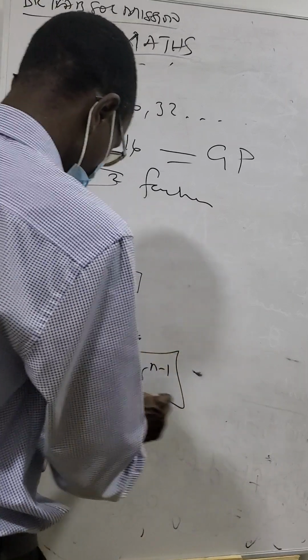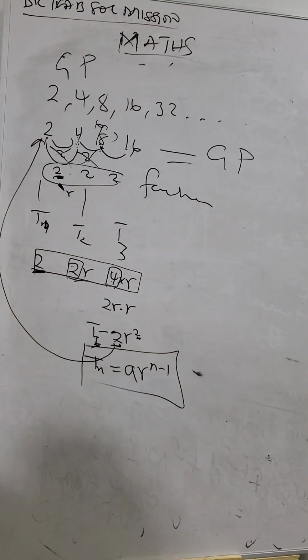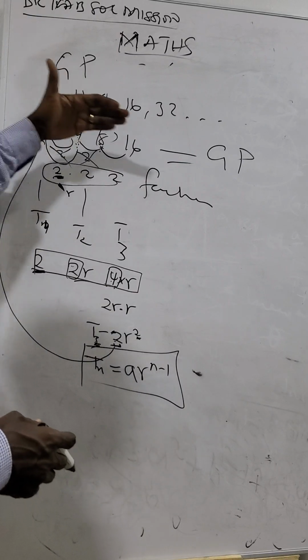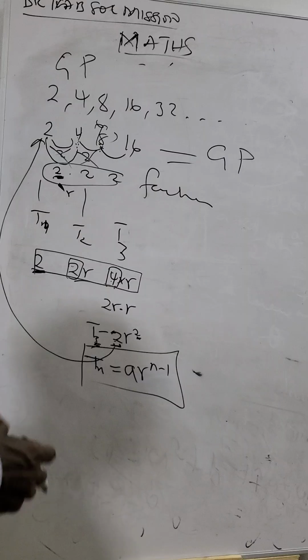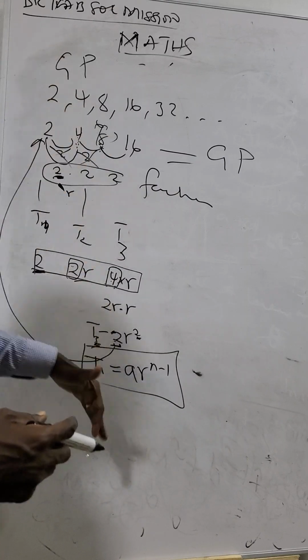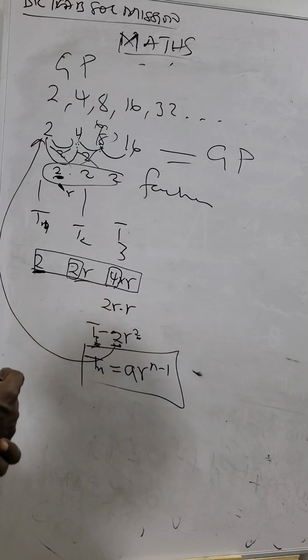This becomes the general equation for the geometric progression. So you see, it becomes very easy. If you look at the pattern, you pick an example, you should be able to derive the equation, and that is the formula for geometric progression, the geometric sequence.